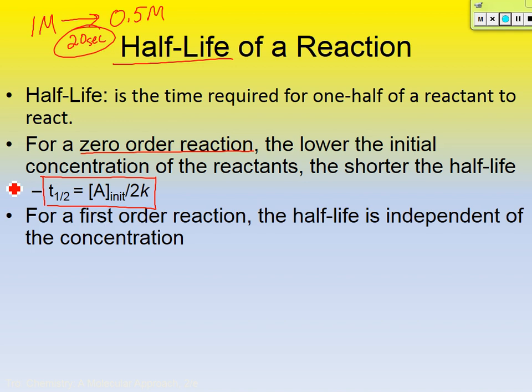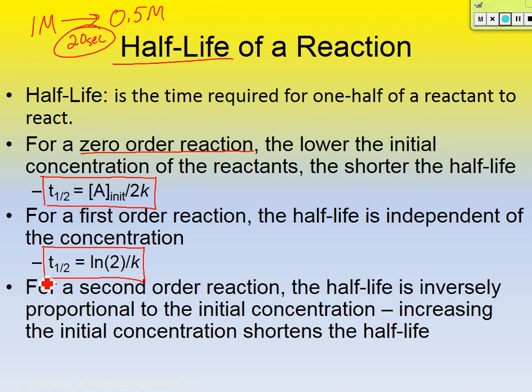For first order, it's going to be different. The half-life is independent of its concentration, so we can find the half-life through this equation. And finally, for second order, it's different again. The half-life we will figure out by using that equation.